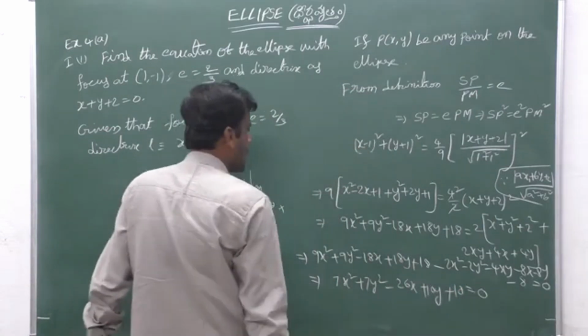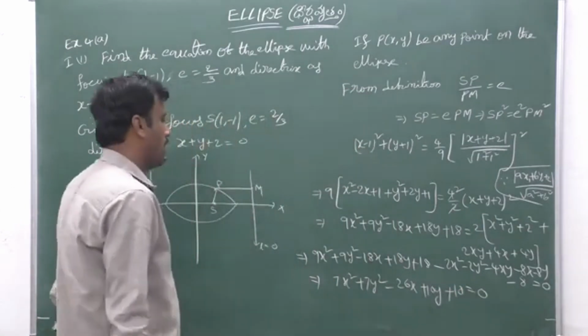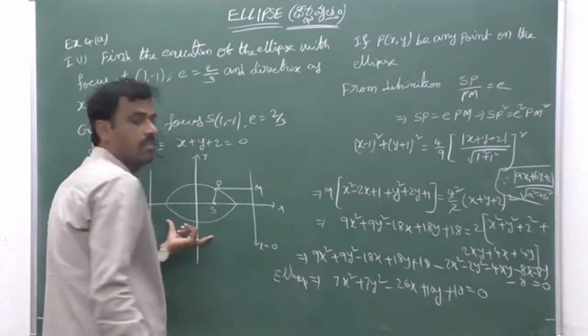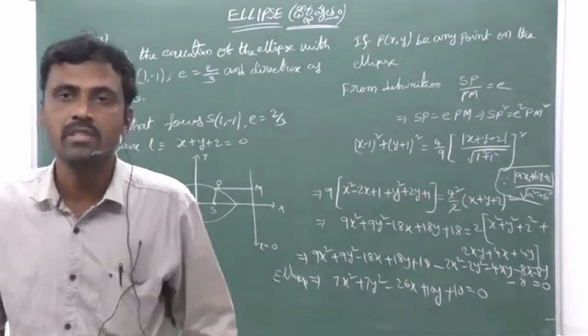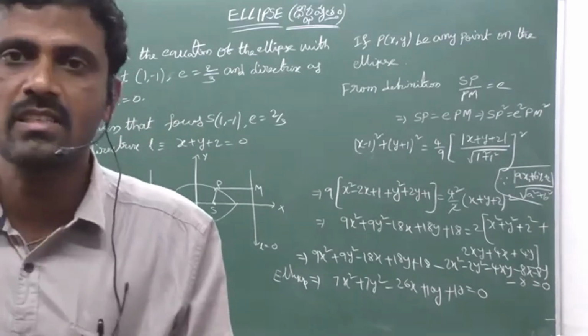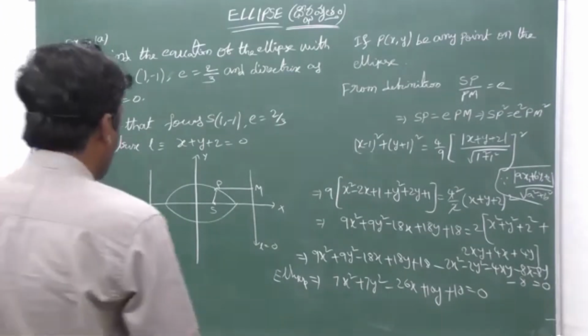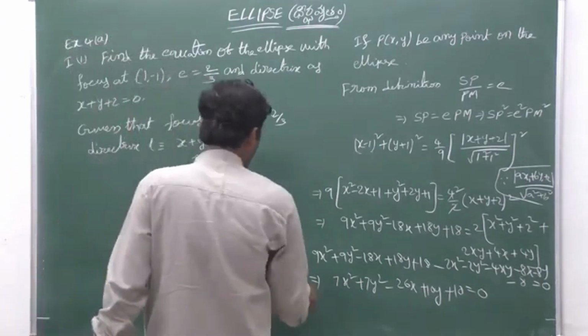That is the equation of the ellipse which has focus (1, -1) and eccentricity 2 by 3.